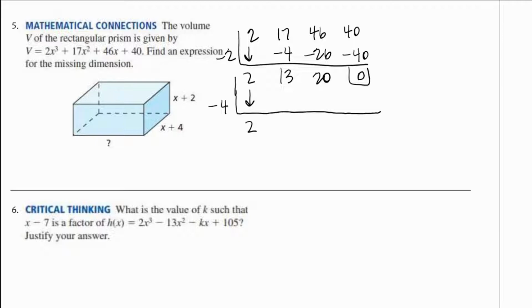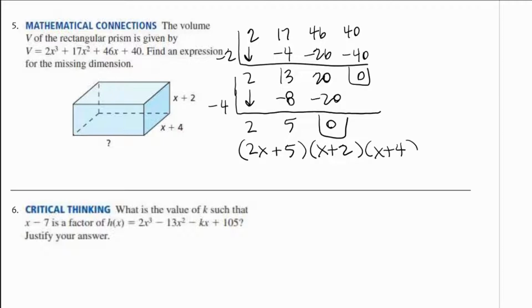That would be possible. So I'm going to just run through synthetic division. Not totally sure what's going to happen, but it is going to give me another factor. So I know that this is going to be 2x plus 5 here. And I also know that x plus 2 and x plus 4 are side lengths of this prism.